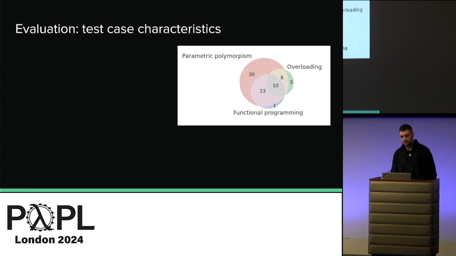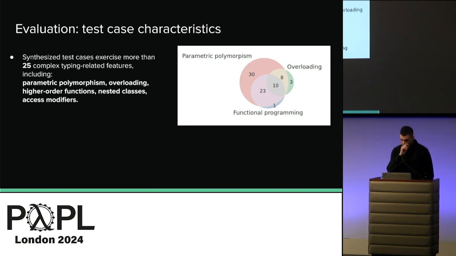Regarding test case characteristics, the synthesized test cases exercise more than 5 complex typing features, including parametric polymorphism, overloading, and higher-order functions. And as you see here, parametric polymorphism, overloading, and functional programming features are the features with the most bug-triggering capability, because they appear in all but 8 bug-revealing test cases.